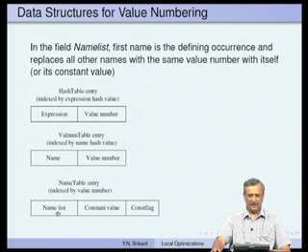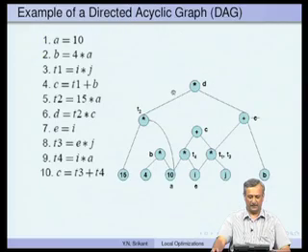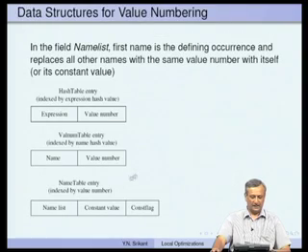If there are many names which are equivalent, we saw this happen in this figure, T1 and T3 are equivalent, and here E and I are equivalent, and so on. In such a case we are going to have a list of such names which are equivalent, and the first one is the defining occurrence, which will be used in place of all other names in that list, and if it is a constant, we are going to use that value of that constant in place of all these names.